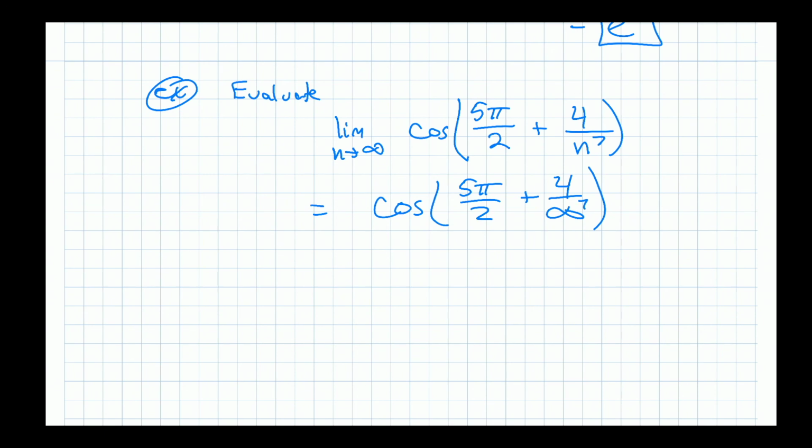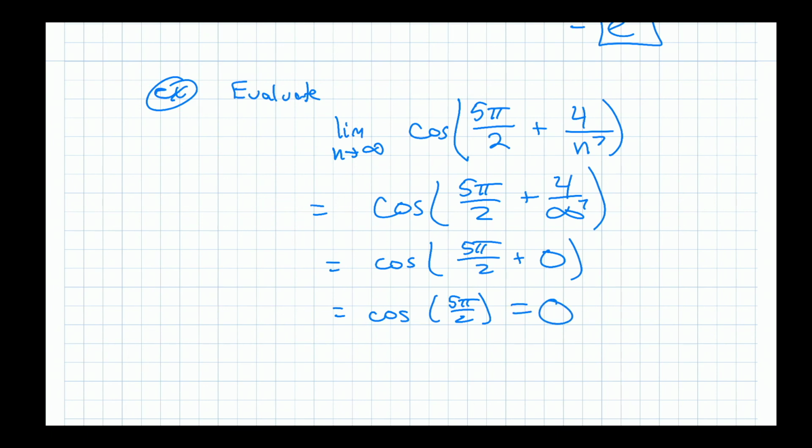What's 4 over infinity? 0. So this is just cosine of 5 pi over 2. Use a unit circle or, more likely, a calculator. It is 0. So there you go. Simple.